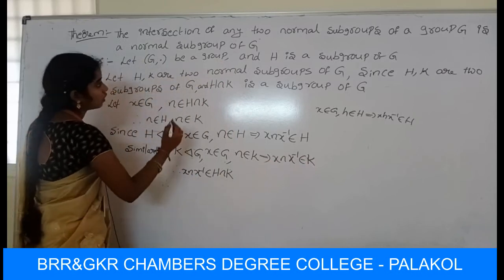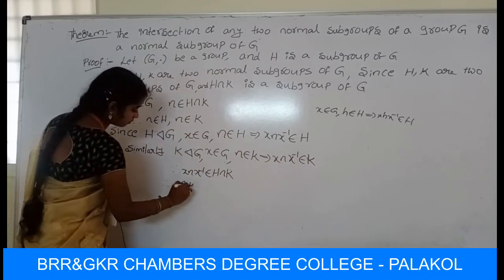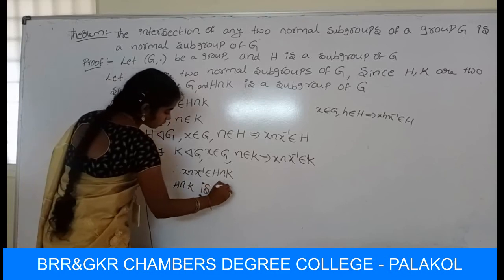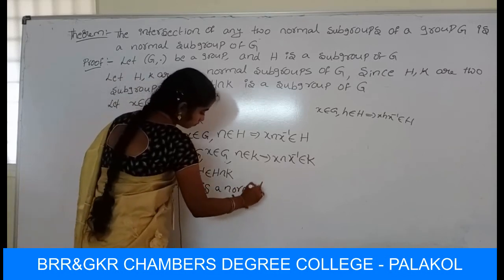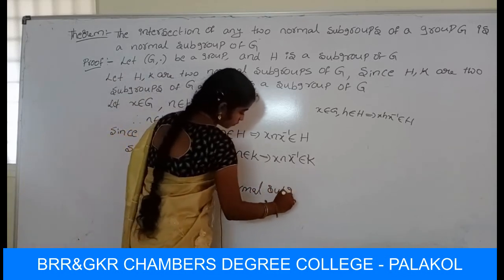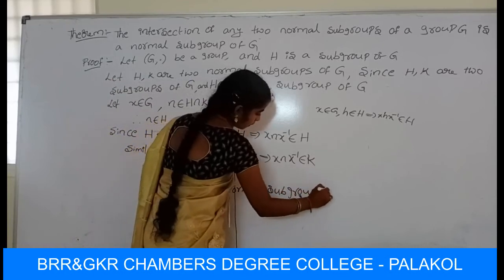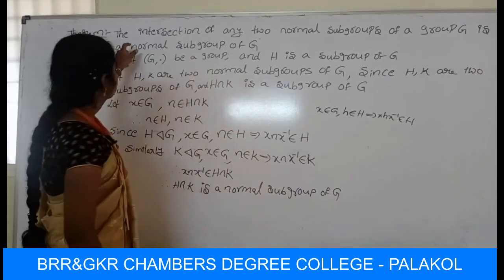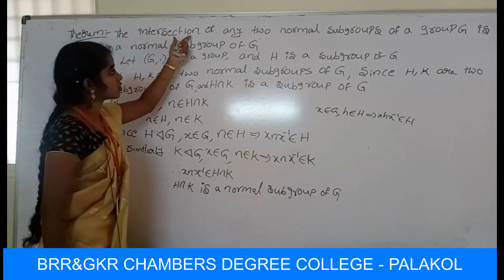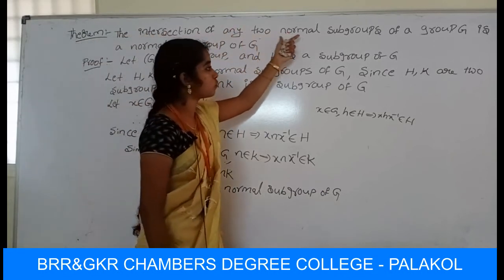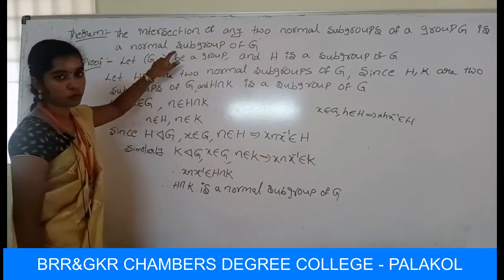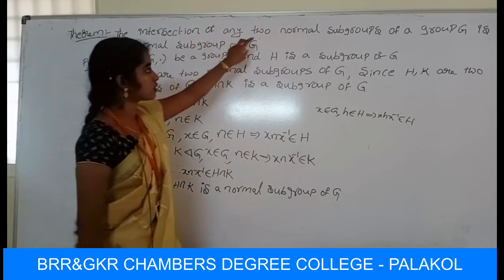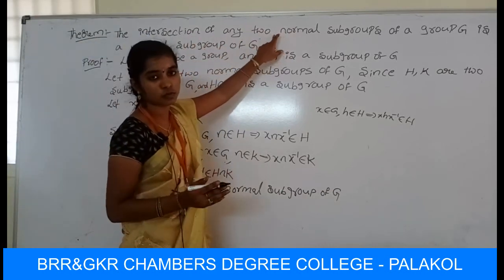Therefore, H intersection K is a normal subgroup of Z. Once again, the intersection of any two normal subgroups of a group Z is a normal subgroup of Z. Let us consider H, K are two normal subgroups.